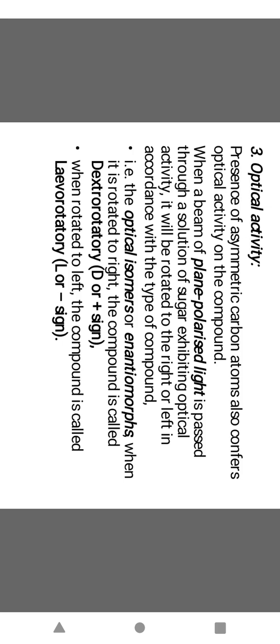That means the optical isomers are enantiomorphs. When it is rotated to right, the compound is called dextrorotatory, put with a D sign. When rotated to left, the compound is called levorotatory, denoted as L, that means levo. D means dextro.